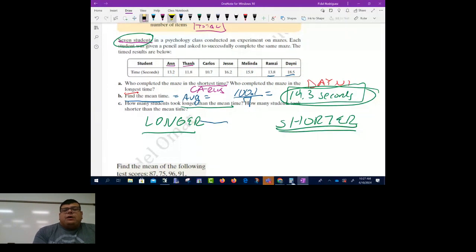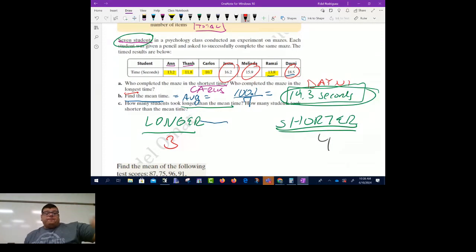I want to know how many people took less than 14.3. 1, 2, 3, 4. Okay, 4 people took longer than 14. I'm sorry, took shorter, right? That's shorter. Put that over here. 4 people took shorter than 14.3. Then, y'all, the rest had to do it in longer time, right? There's a total of 7 people. If 4 did it faster, then it has to be 3 who did it longer, right?